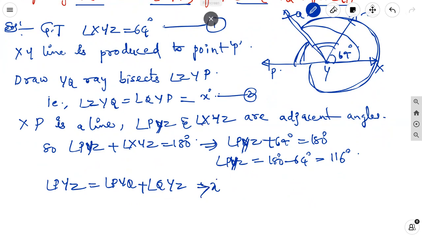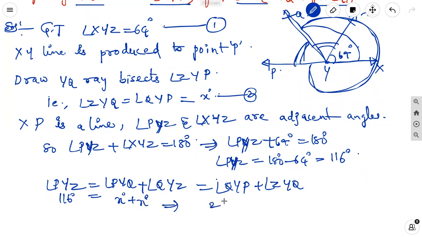From this, angle PYZ equals 116 degrees equals QYP plus angle ZYQ, x degrees each.